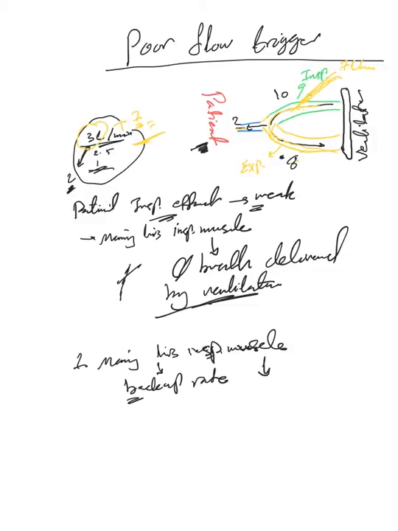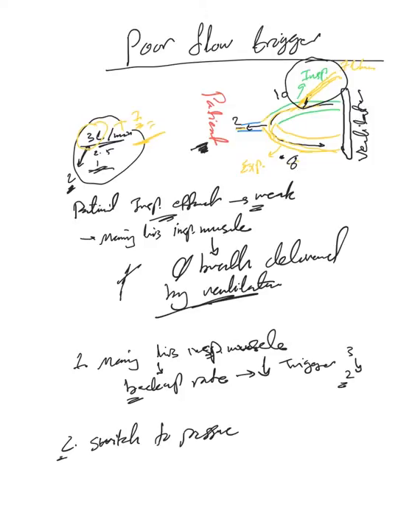Simply lower the trigger from 3, for example, to 2. The solution for the second problem here, where we use a continuous nebulizer treatment, is simply to switch to pressure trigger, which I will talk about in the next video.